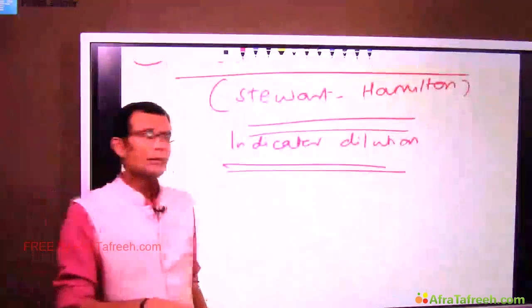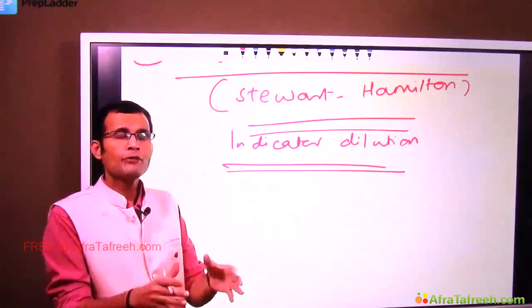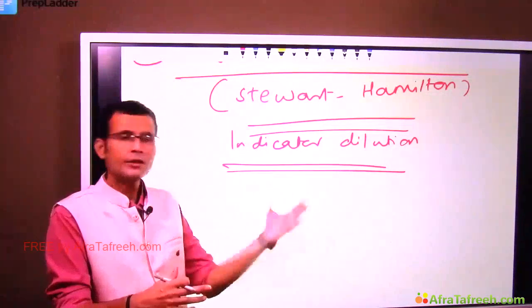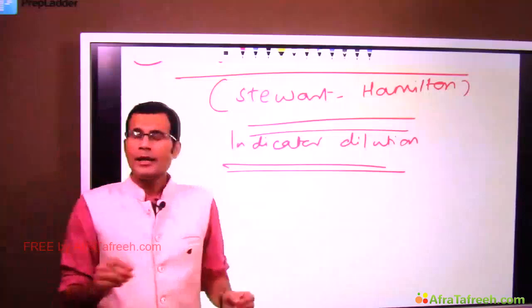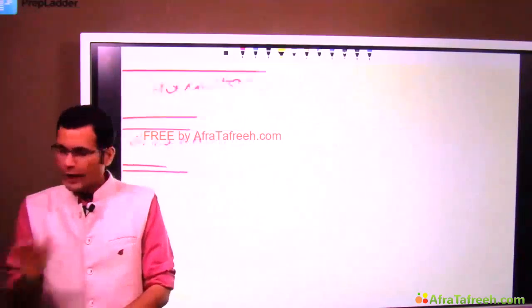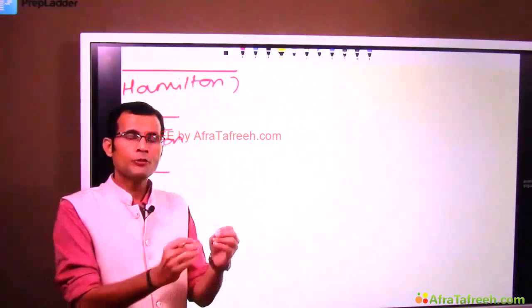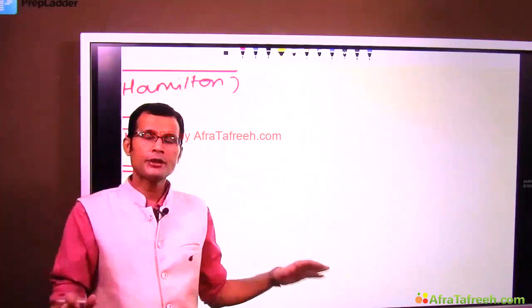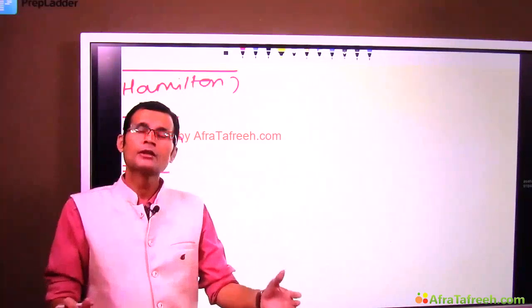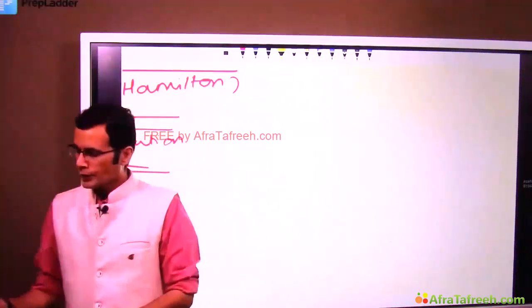The same method is also used for measurement of the body fluid compartments. If you remember, we did that chapter at the very start of physiology, and there we inject a known initial volume of the dye into that particular compartment. Then the dye gets distributed into that entire compartment, and then we collect the sample and measure the concentration of the dye.